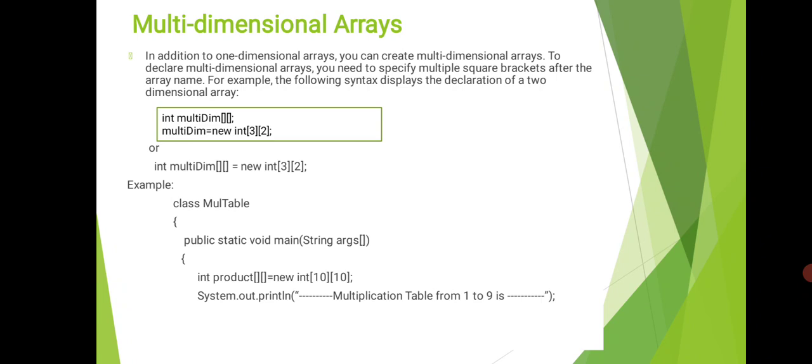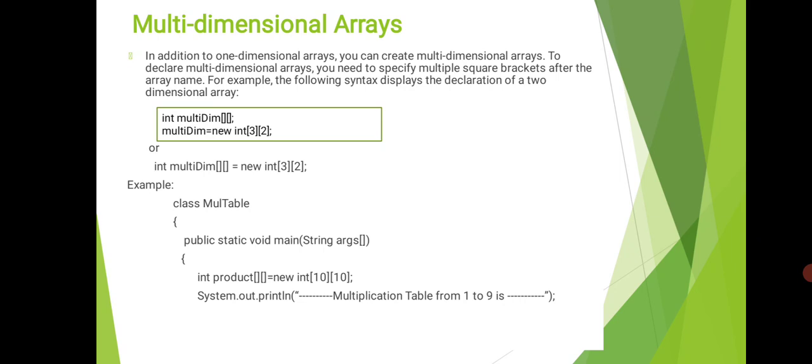In the next line, the array name equals new int, that is the data type, then the rows and column sizes. Here I have taken 3 and 2, that is 3 rows and 2 columns as the array size. So new int of 3 and 2 means this will create memory for a multi-dimensional array of 3 rows and 2 columns.